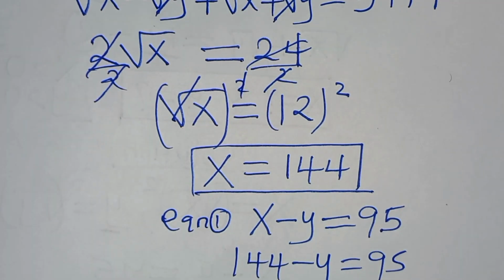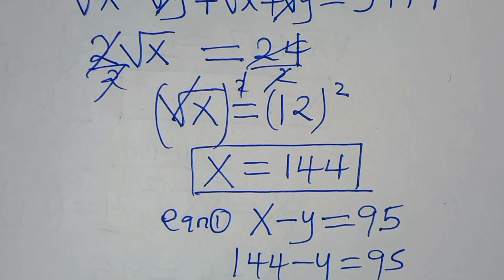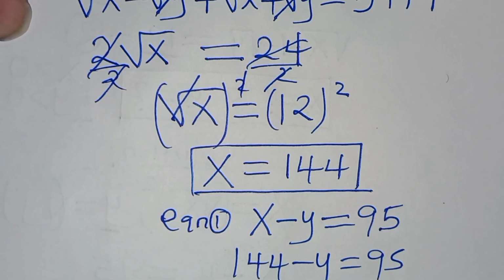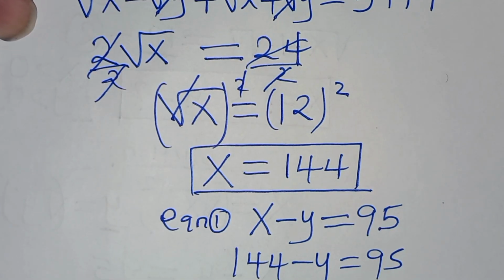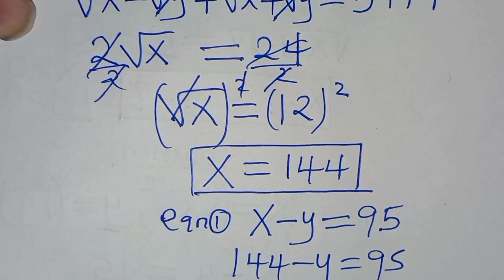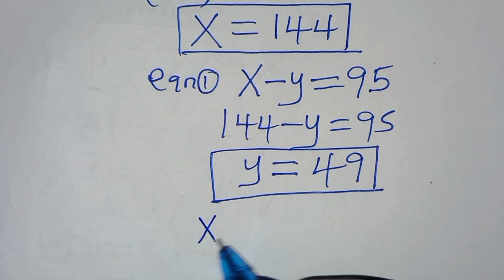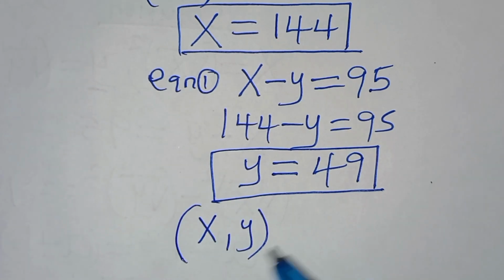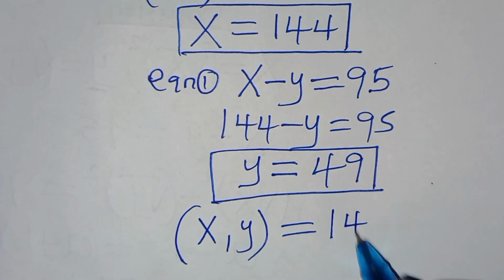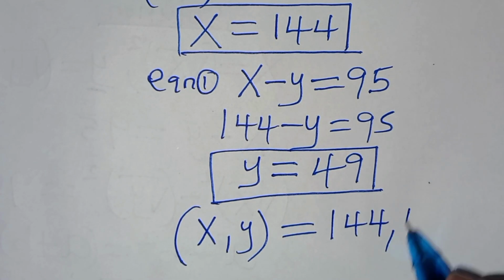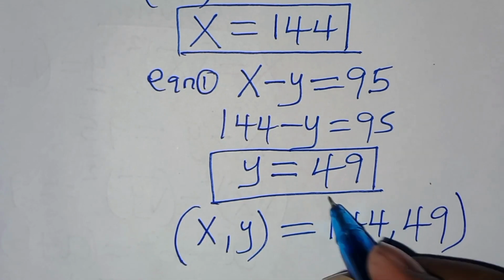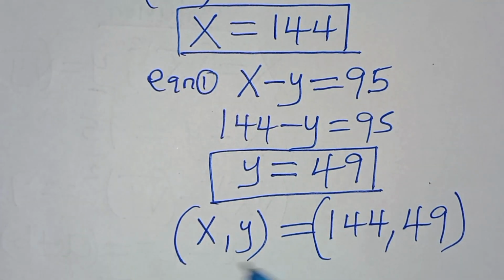This implies that y is equal to 144 minus 95, which is equal to 49. So we have the values x equals 144 and y equals 49.